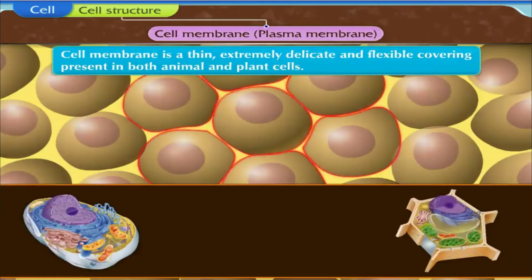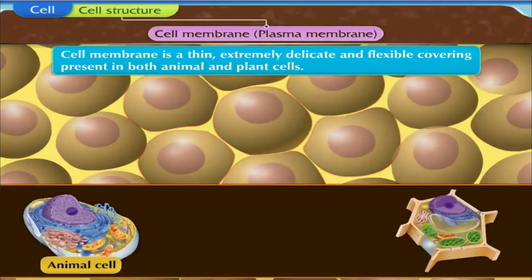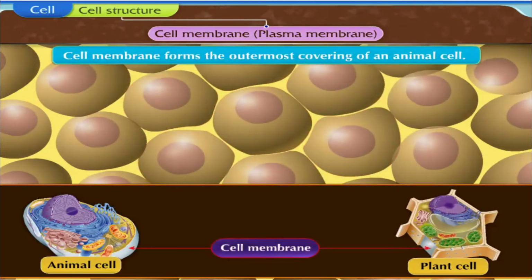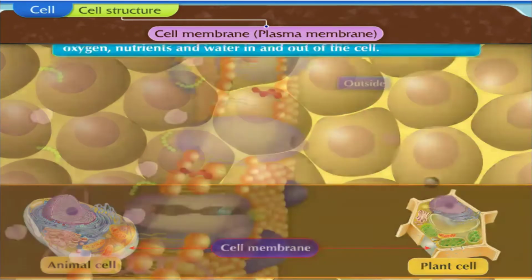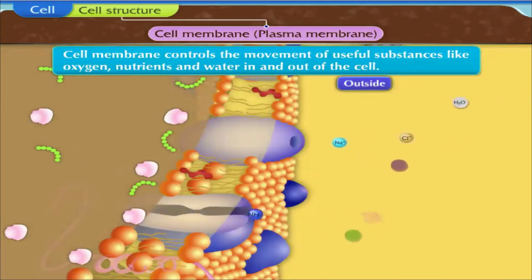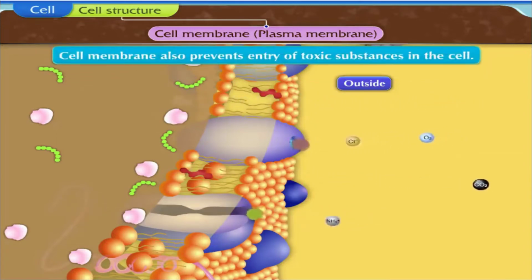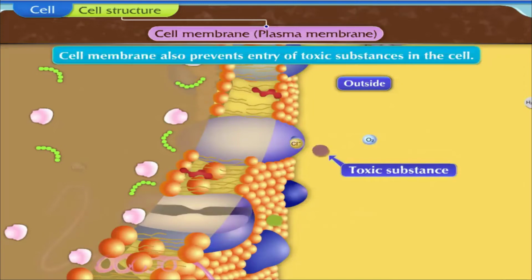It is a thin, extremely delicate and flexible covering present in both animal and plant cells. It forms the outermost covering of an animal cell. It controls the movement of useful substances like oxygen, nutrients, and water in and out of the cell. It also prevents entry of toxic substances in the cell.